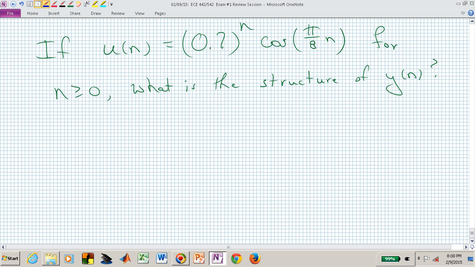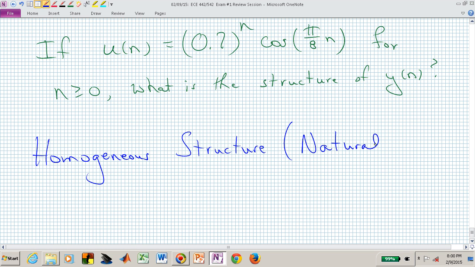The homogeneous solution. You need to know what naturally, if you went up and kicked that difference equation, how would it shake? What would be its natural behavior? And what influences its natural behavior is what happens in the homogeneous equation. First, we need to find the homogeneous structure, or the natural behavior of the system.